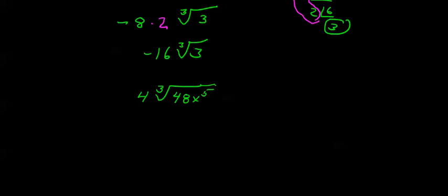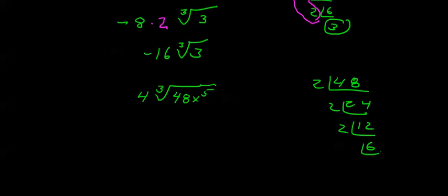Real simply, this is just like we've been doing, 48, 2 and 24, 2 and 12, 2 and 6, 2 and 3, and cube root, we look for 3 numbers the same, and these 2 numbers are left by themselves, so we have 4 times 2, and now we have to look at our x's.